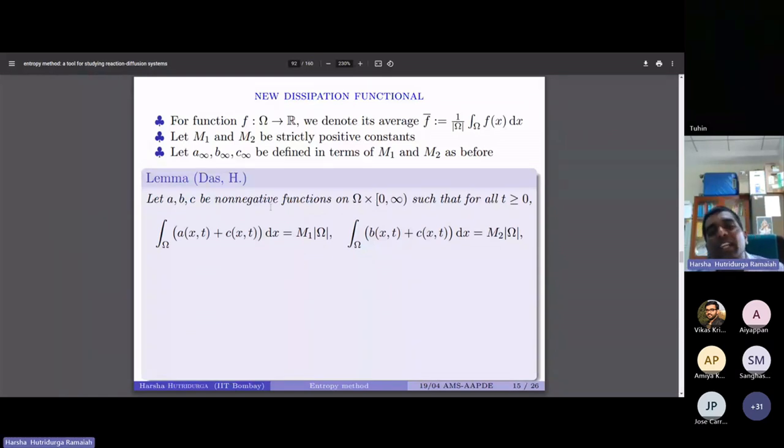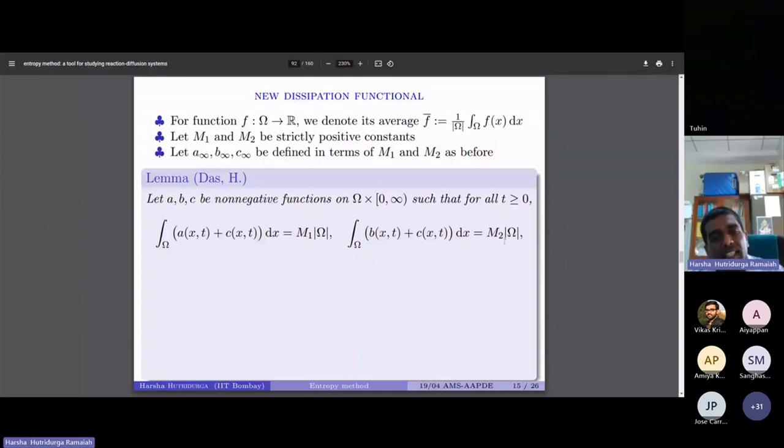So you give me three non-negative functions on omega cross 0 to infinity, such that if I sum A and C and average in the x variable over omega, I get m1 for every time t. And I take B and C, add them and average over omega, and that is equal to m2 for every time t. Somehow we are mimicking that conservation property that the solutions have for the system.